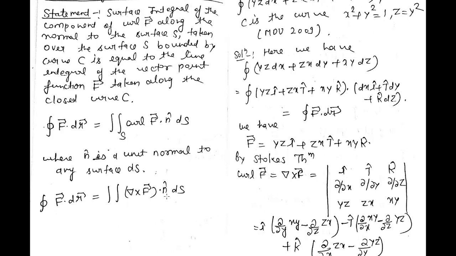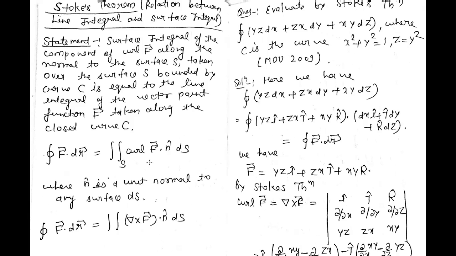Your second step will be to calculate these two values. After that you will calculate your ds, right? So this is your Stokes theorem. This statement can be asked as a 2.5 marks question, so you have to learn the statement also. Evaluation plus statement, both of these two things you have to learn, right?